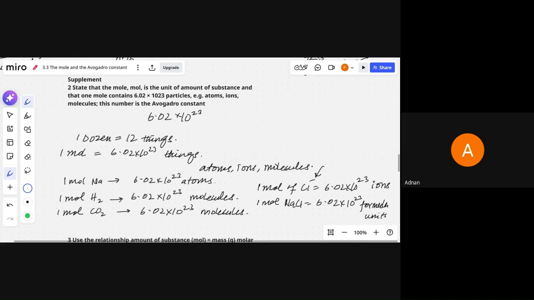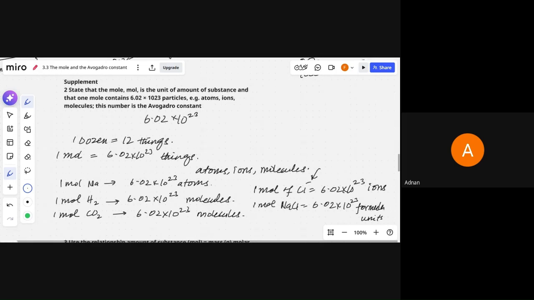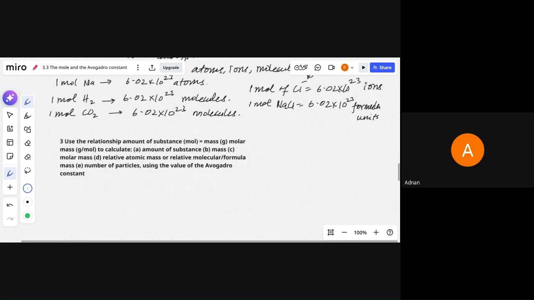Now we move on to the next one, which is to use the relationship of mole and mass. Okay, so now let me explain. Mole has a relationship with particles, as we just saw, that 1 mole is equal to Avogadro's number of particles.